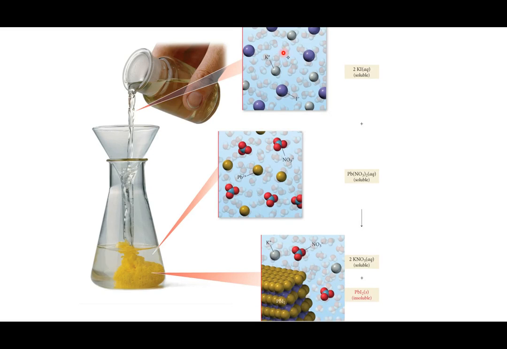So these red and white things kind of in the background is the water, and the silver and purple are the potassium iodide dissolved, okay? Originally, so if you kind of look right here in the beaker, originally in the beaker was aqueous lead nitrate. So again, these red are the nitrate, yellow are the lead, dissolved.